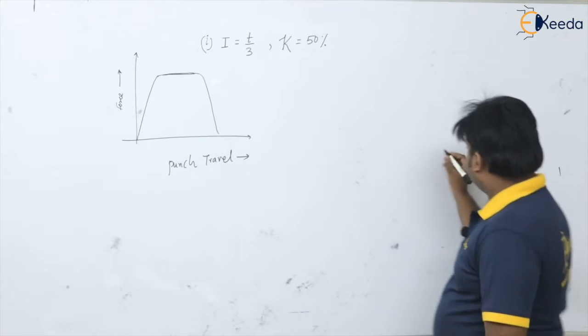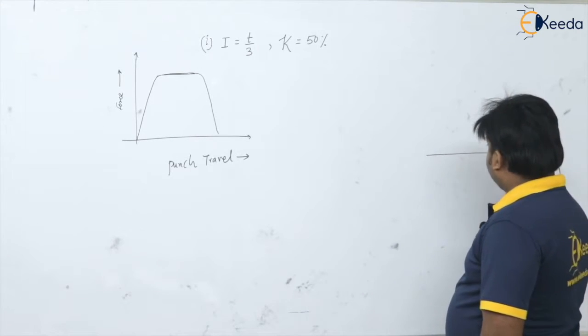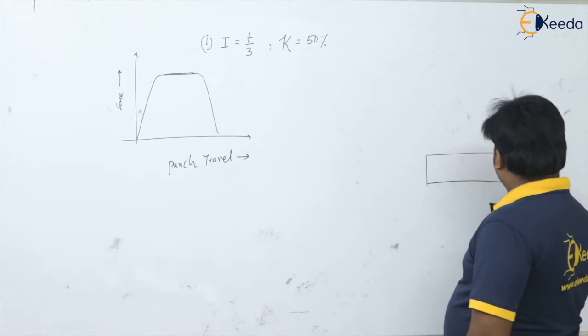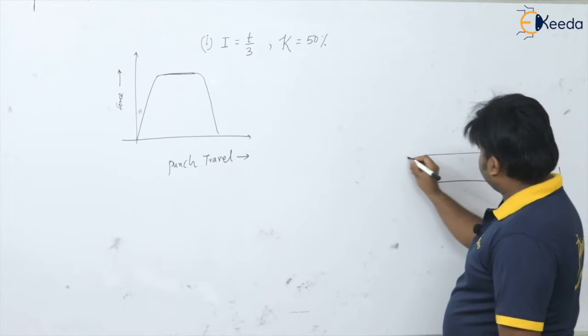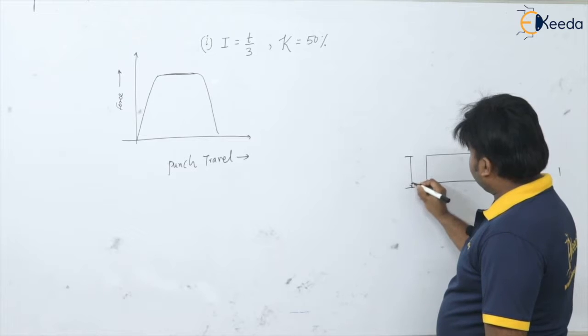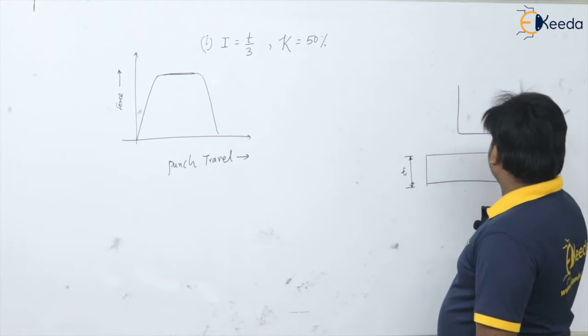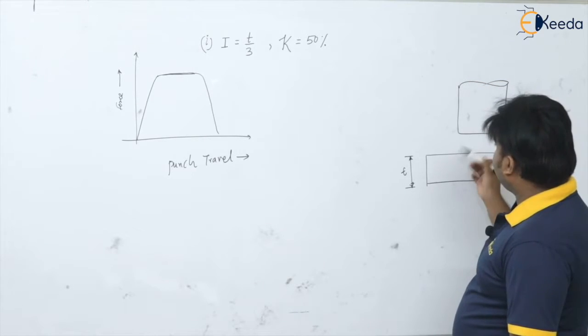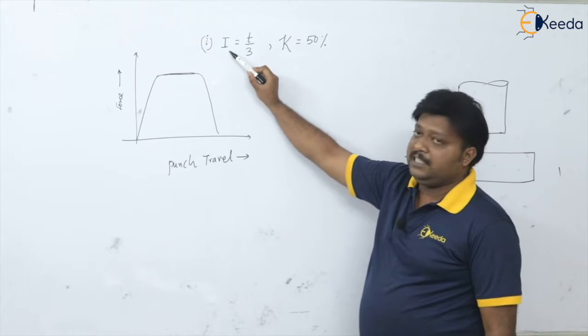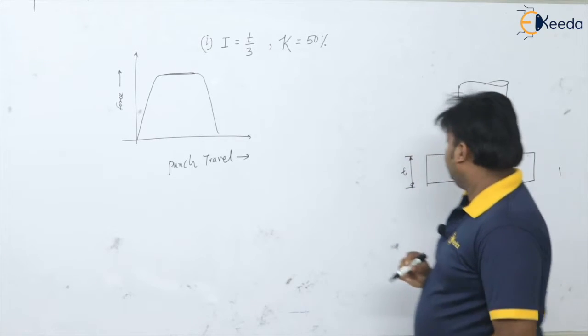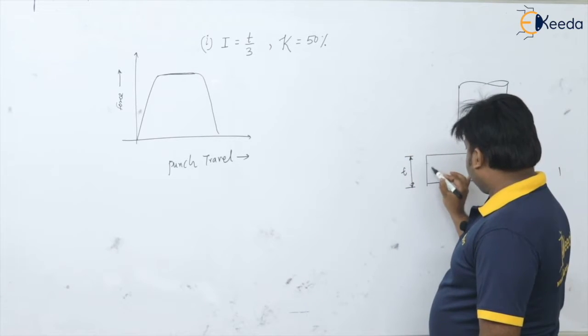This is a thickness T, and now my punch is here. On this punch I am going to provide the shear. The first case is how much shear? It is thickness by 3, so I will make 3 parts here, 1, 2, 3.